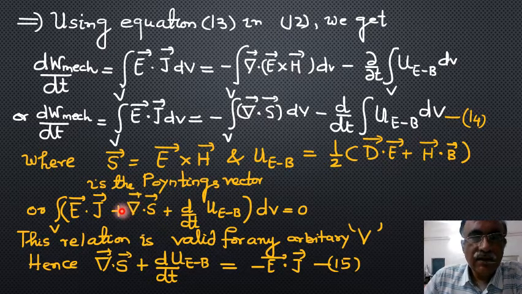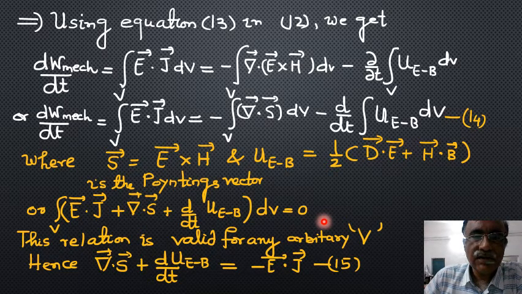So, if we rearrange the terms, the volume integral of E dot J plus divergence of S plus d by dt of U_EB, in the integrand, with the elementary volume dV, equals 0.